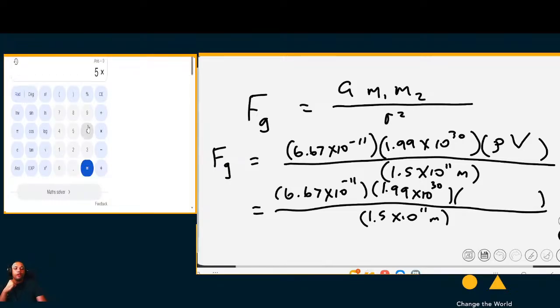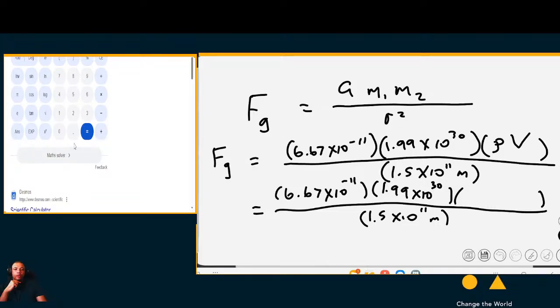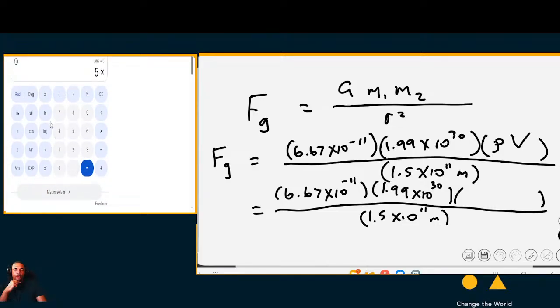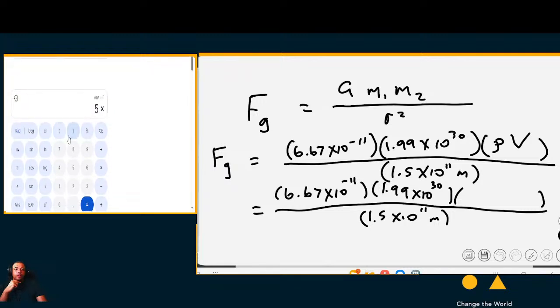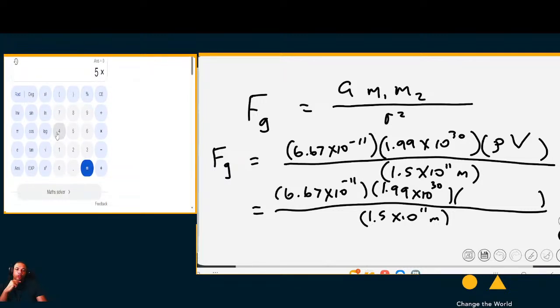So 4 over 3, fraction. Okay, let's leave it at the end. Pi multiplied by pi. 5 times pi times the radius.